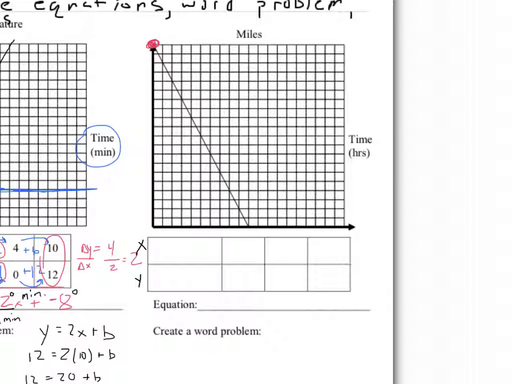What are the units of my x? Axel? Hours. Yep, hours, time. What are the units of my y? Aaliyah? Miles. So my first point is here when at 0 hours, we're at 20 miles.